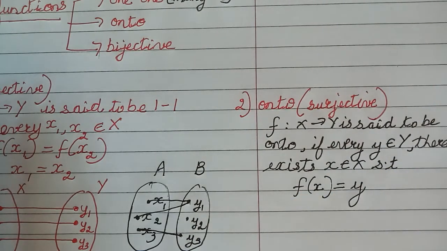Because it is saying that for every y belonging to Y you are traveling back, there exists x belonging to X such that f of x equals y.